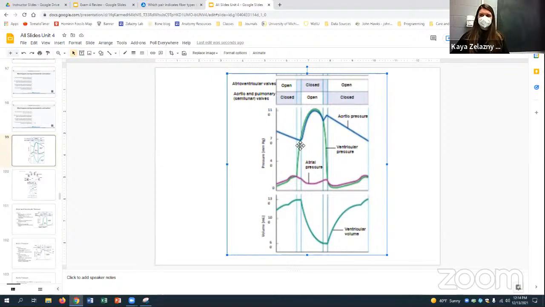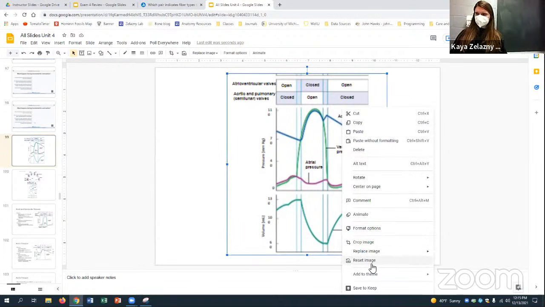We have that ventricular pressure shooting up. Our AV valves close so that the blood doesn't backflow into the atria. And once we raise our pressure high enough, it opens up our aortic and pulmonary semilunar valves. That's when we start to have volume in the ventricles go down because the blood is leaving. So we also then see our pressure in the aorta starting to fall as we stop shooting blood in these final phases.